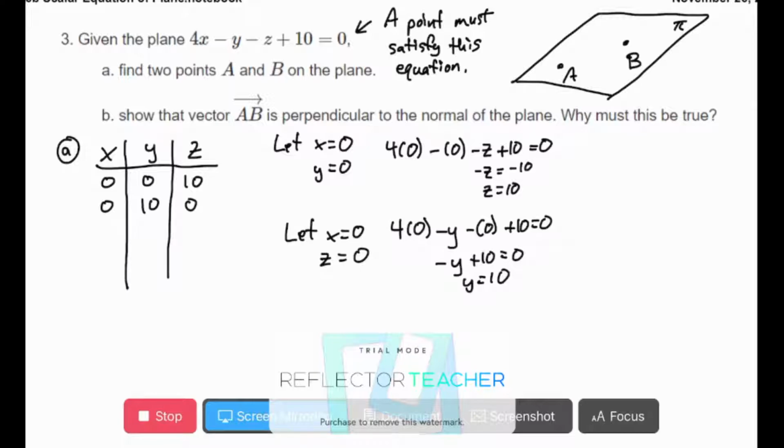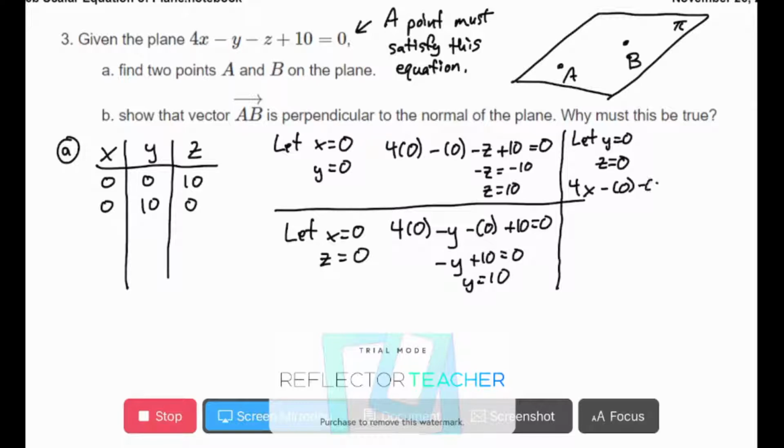And we only needed to find 2 points, so technically we're done, but we could do this another way as well. So let's just show that we are here to learn, not just answer the question. So let's let y equal 0 and z equal 0. So we're going to have 4x minus 0 minus 0 plus 10 equals 0.